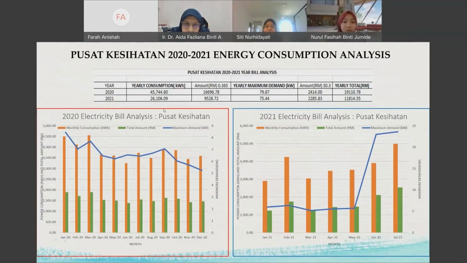I can predict that the consumption in 2021 will be larger than in 2020, because this one is just for half of 2021, until July 2021, and this one is the full year 2020. The data for half of 2021 almost exceeds half of the annual data for 2020. So we can predict that the consumption for 2021 will be more than the year 2020. I'm sorry, 2020.